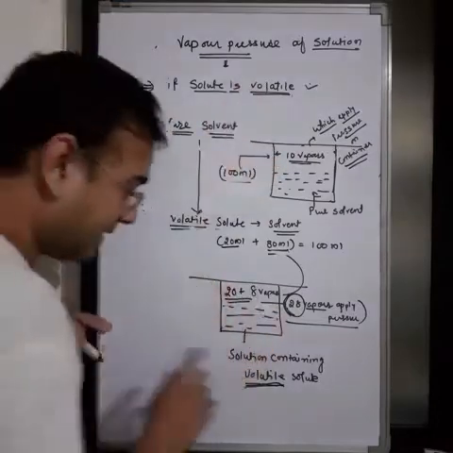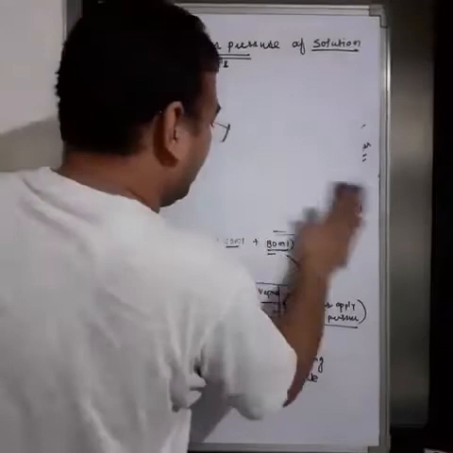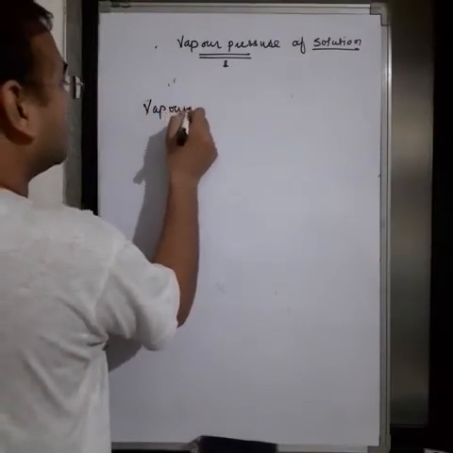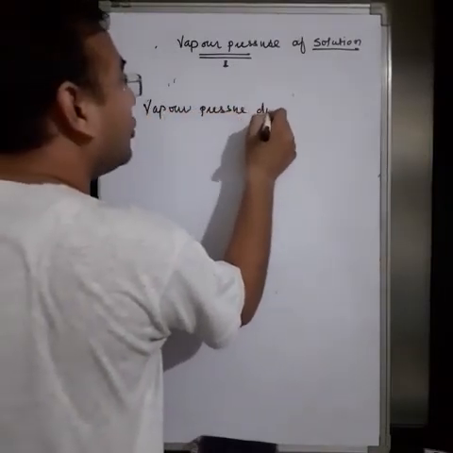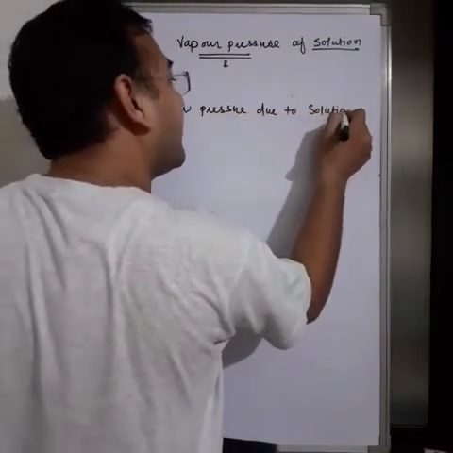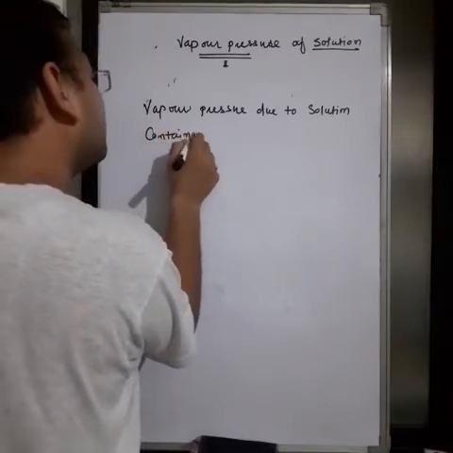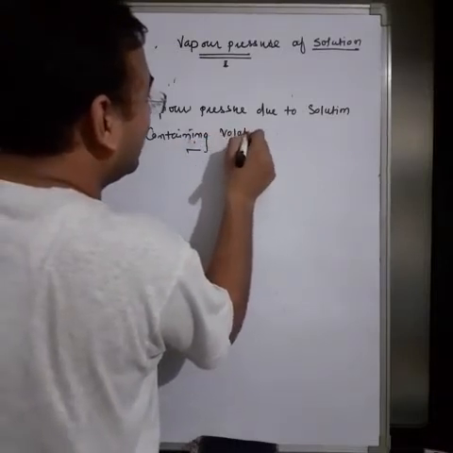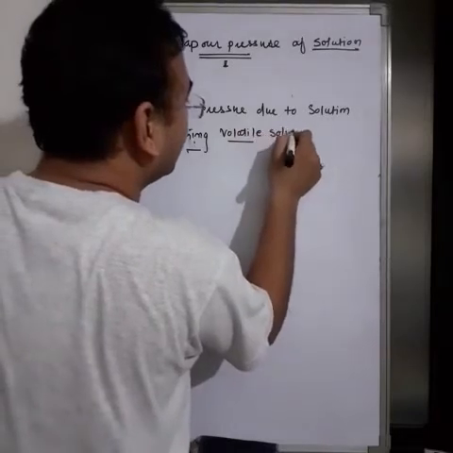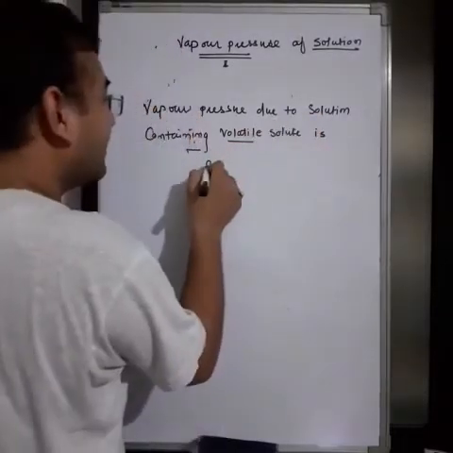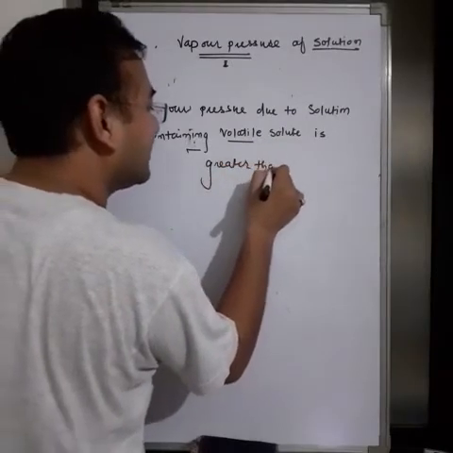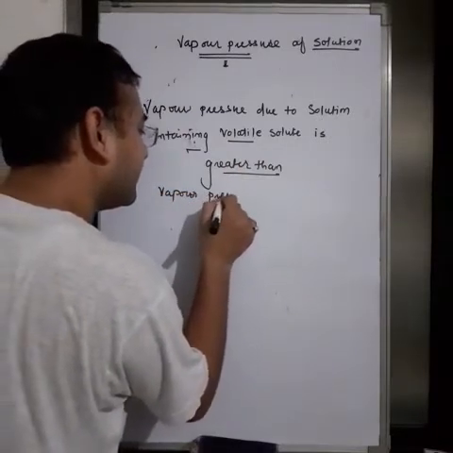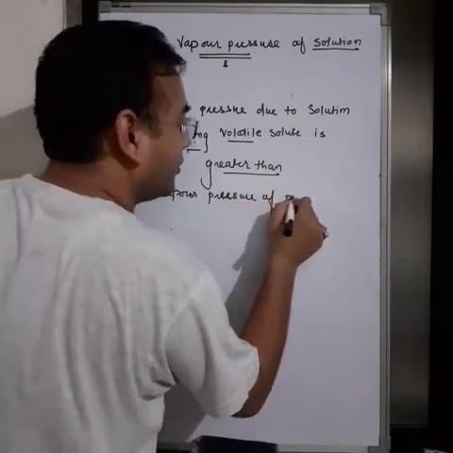So we can say that our statement is: vapor pressure due to solution containing volatile solute is greater than vapor pressure of pure solvent.